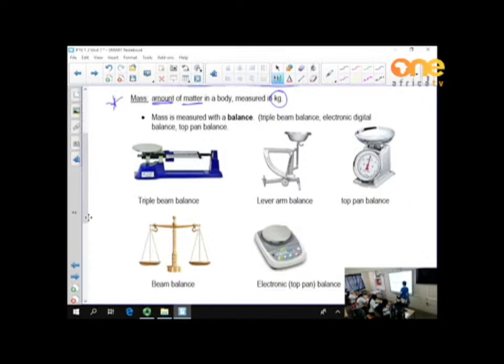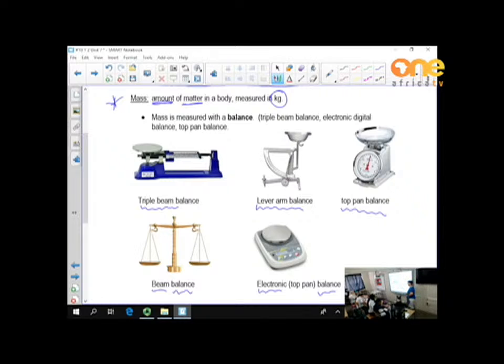Can you remember what instrument we use to measure mass with? A balance of some kind. We get different types in the laboratory. These ones are the older types. A triple beam balance, a lever arm balance, a top pan balance, a beam balance, or an electronic balance.